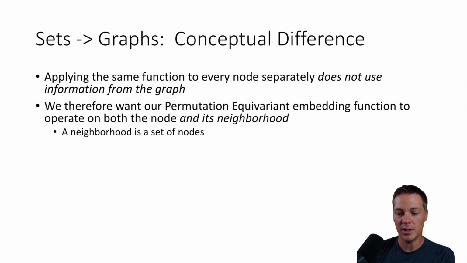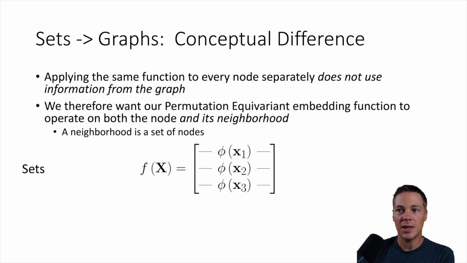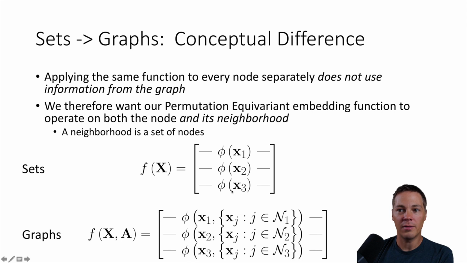And a neighborhood, as we mentioned, is a set of nodes. So whereas with sets, we had this recipe where our function phi operated on each element in our set, now with our graph, we want our function to operate on each node, but also on the neighborhood of that node. So whereas we have the features of node 1, we also have the set of neighbors of node 1. And then here we have the features of node 2 and the set of neighbors of node 2.